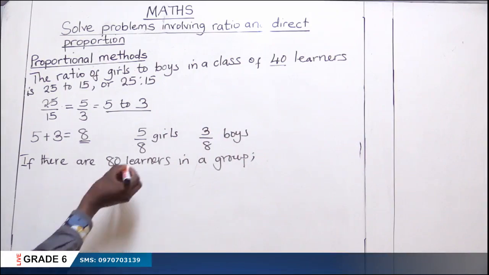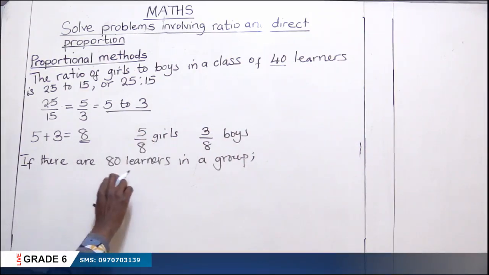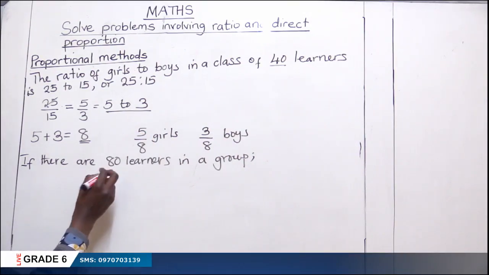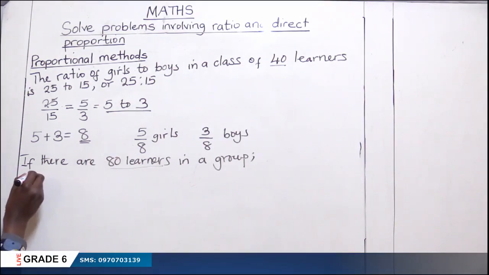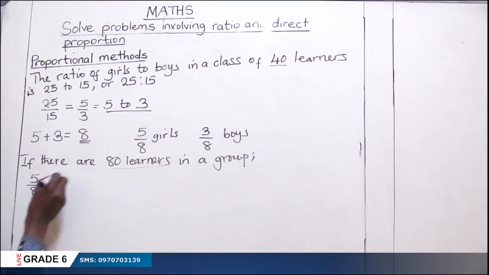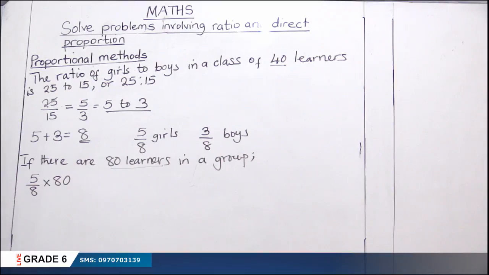For us to find the total number of girls among the 80 learners, what are we going to do? We are going to write 5/8 times 80.